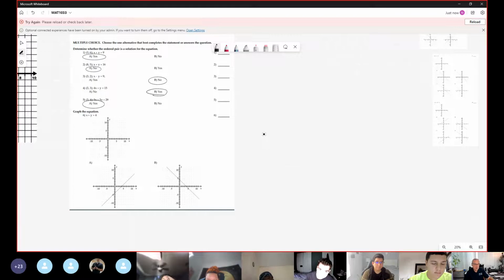For example, question 6 says x plus y equals 4. Immediately I create a table like that: x, y, and (x, y). I make the decision to do the graph using intercepts.